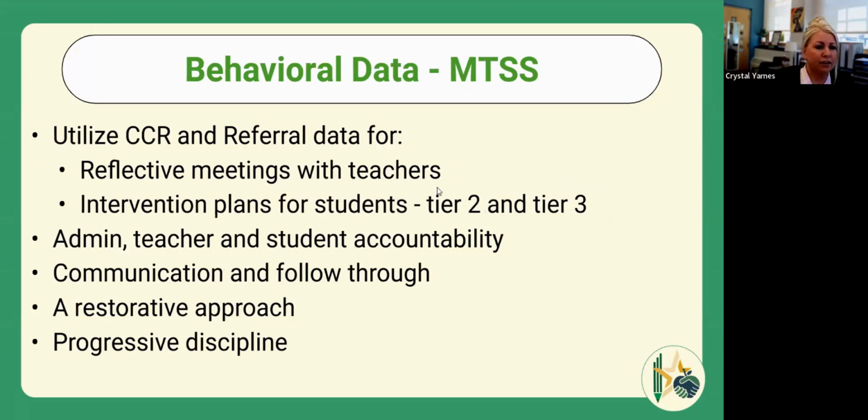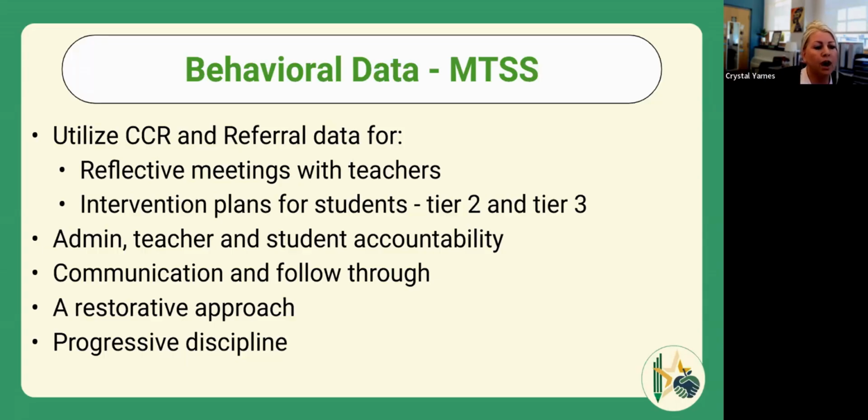With this behavioral data, we utilize CCR in our referral data at MTSS. We use it for teacher reflective meetings. Really, we use this data to identify and see when teachers are sending students out, and why they may send students out. We use this data at our MTSS meetings to identify teachers who might be struggling in these areas.